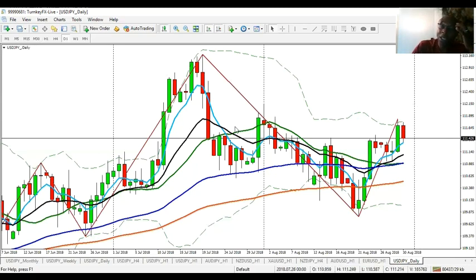So we're gonna look at what happened at the close of July to find our hidden resistance and support areas. So this is how I do it, so pay attention now. First of all, I draw a Fibonacci retracement.